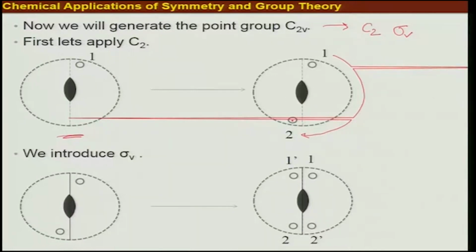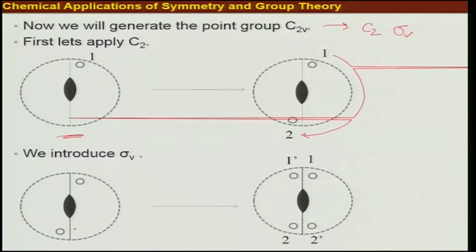Now, we know that we have a sigma v. So, next I will use a sigma v plane. Where will we use a sigma v? Let us try sigma v right here, in this direction. Now, will it generate something new? We can see that yes, this will have a replica here, and this one will have a replica over here.